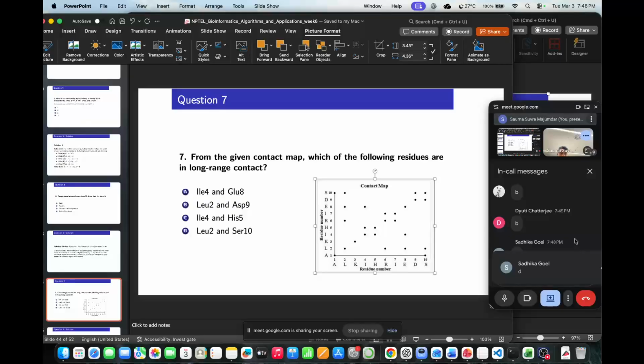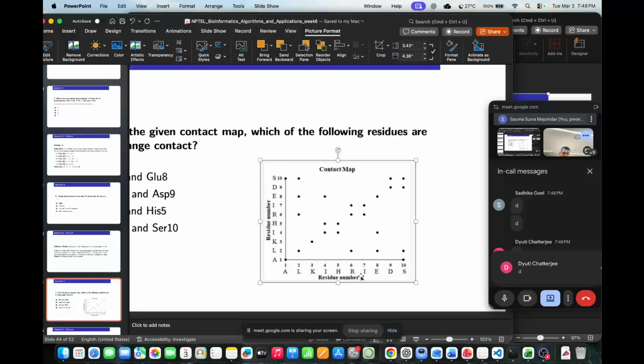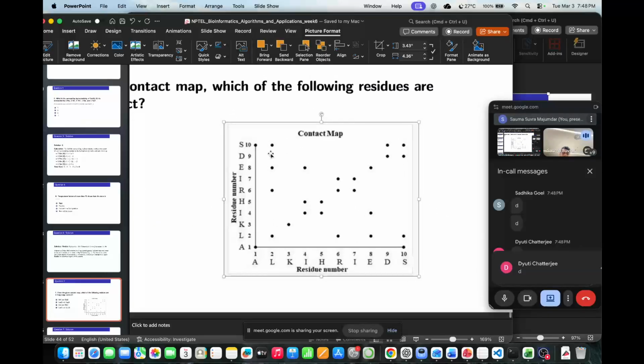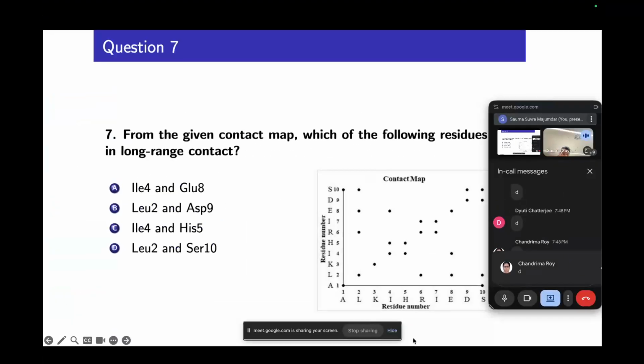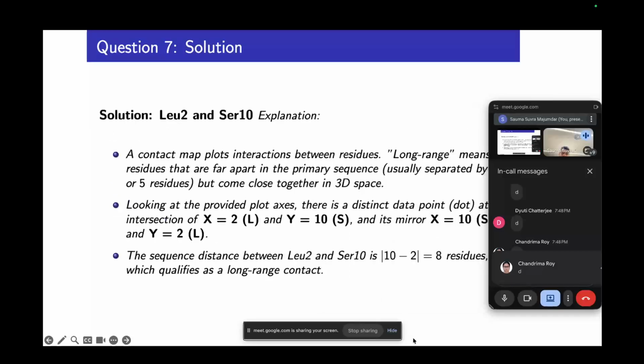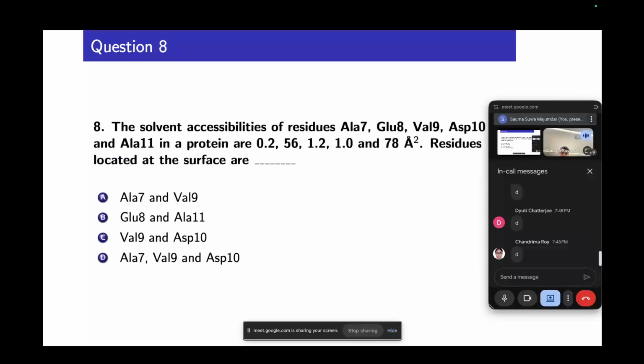Yeah, that's correct. Because you see, the second leucine is in contact with the 10th serine. So that's the long range contact that you're looking for. It's second leucine and 10th serine, which is a separation of 8, which qualifies as the long range contact.